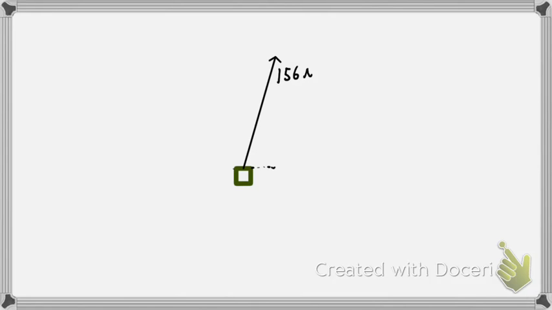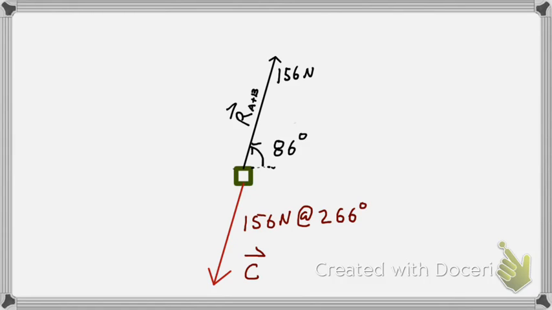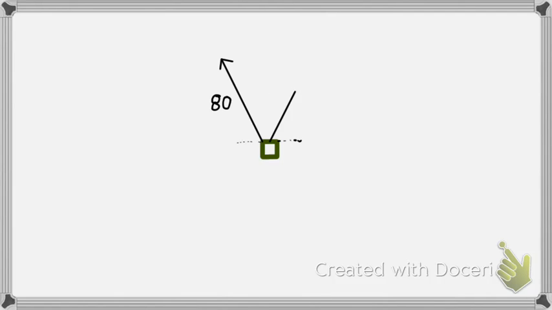There's my resultant force, which I got by adding vectors A and B together. And I'm going to cancel that out with this force that I call C. C is equal in magnitude but opposite in direction. So if I add C to the result of A and B, then I'm going to have 0.